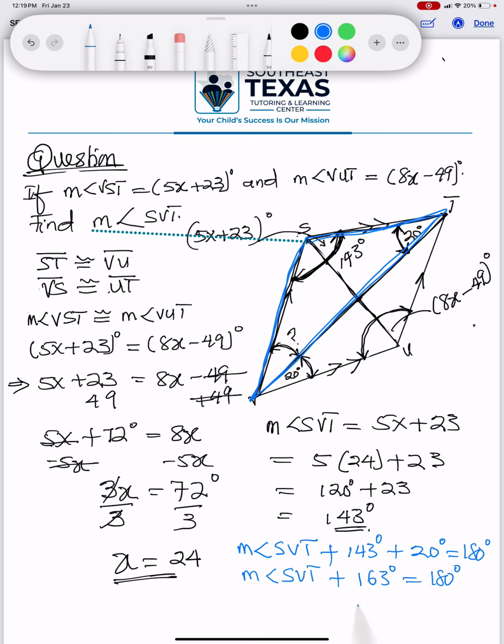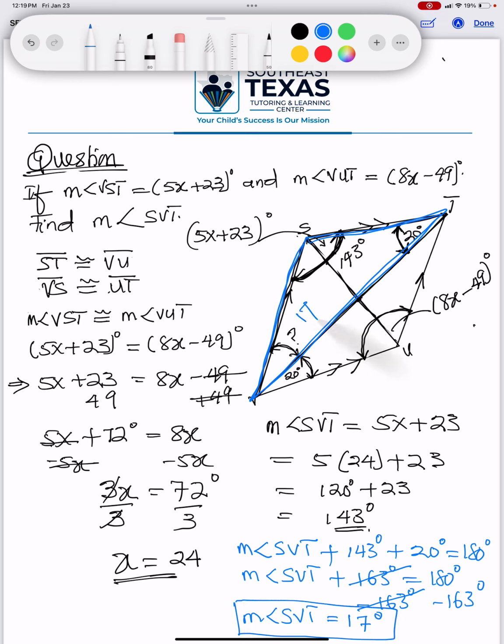Minus 163 degrees on both sides of the equation. This will cancel. So therefore, angle SVT will be 180 degrees minus 163. If you do the subtraction, the angle there is going to be 17 degrees. So that's your answer. This angle here is 17 degrees.